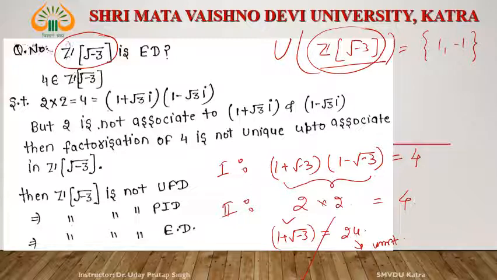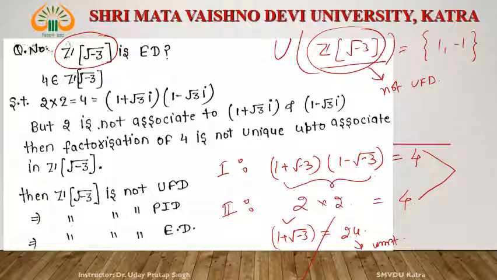So this is not a unit multiple of 2. Now 4 can be expressed in two ways, and they are not associates, right? And they are not unique in terms of associates. It means this is not a UFD.